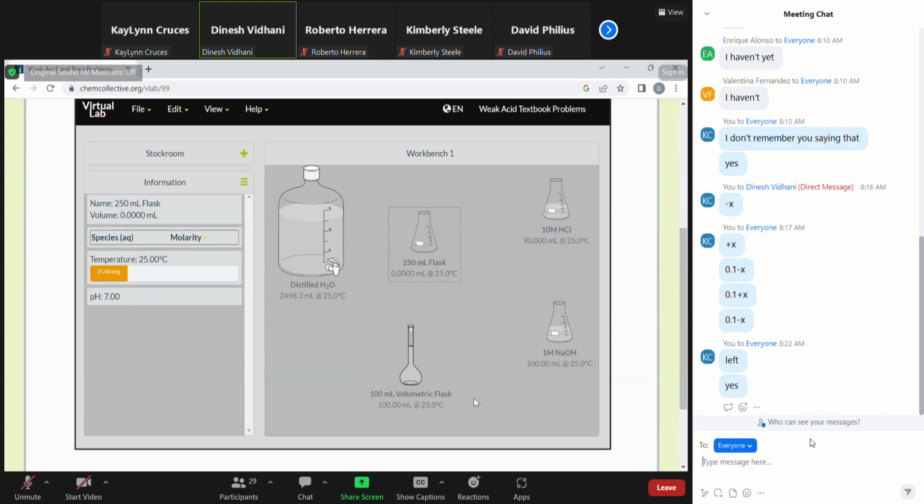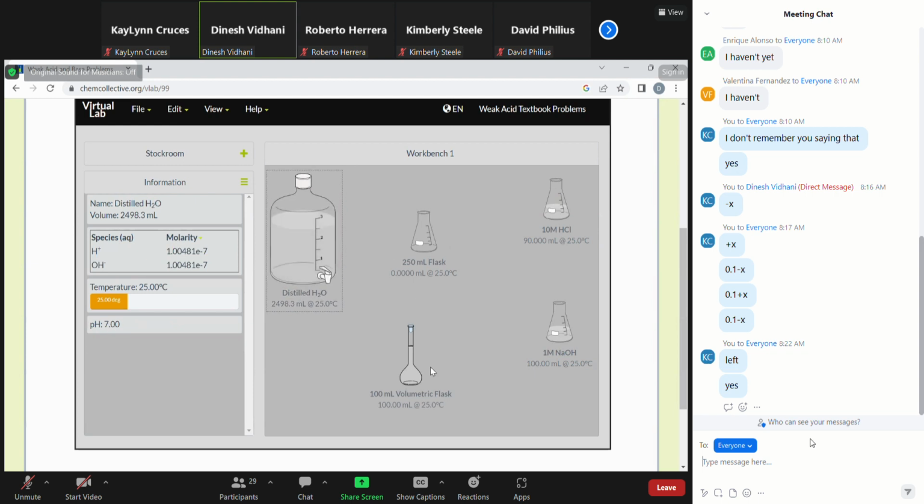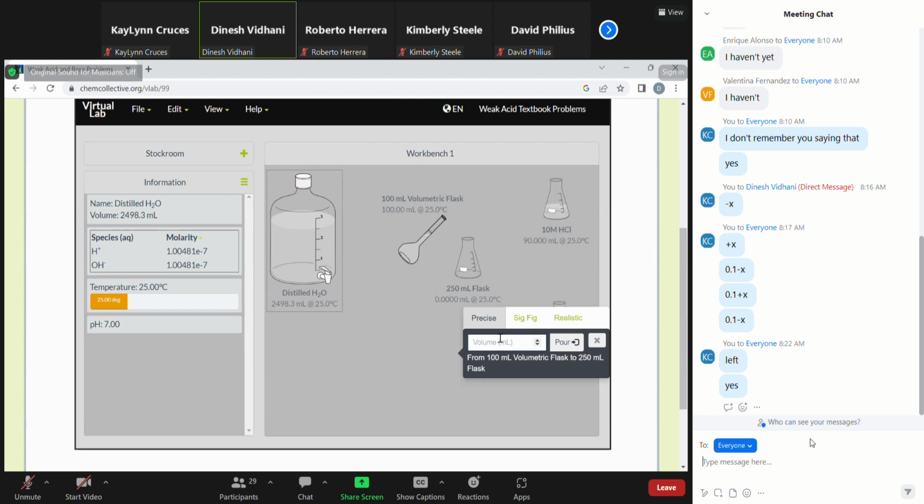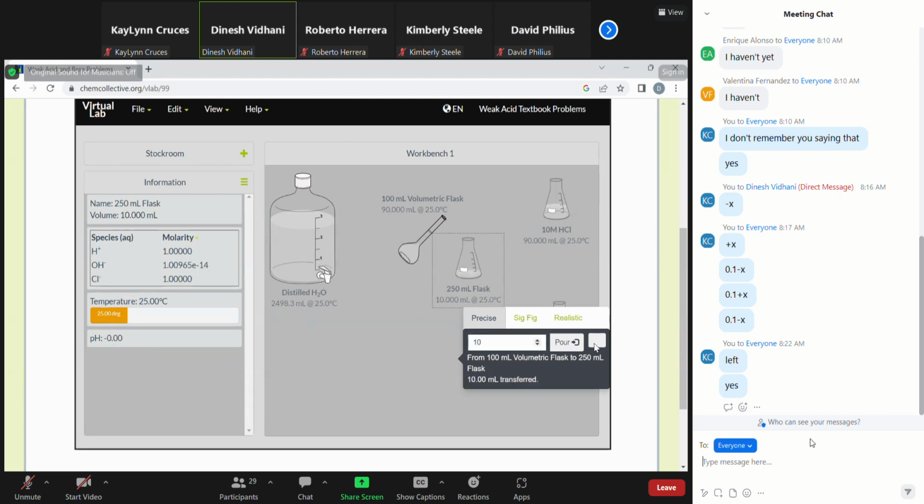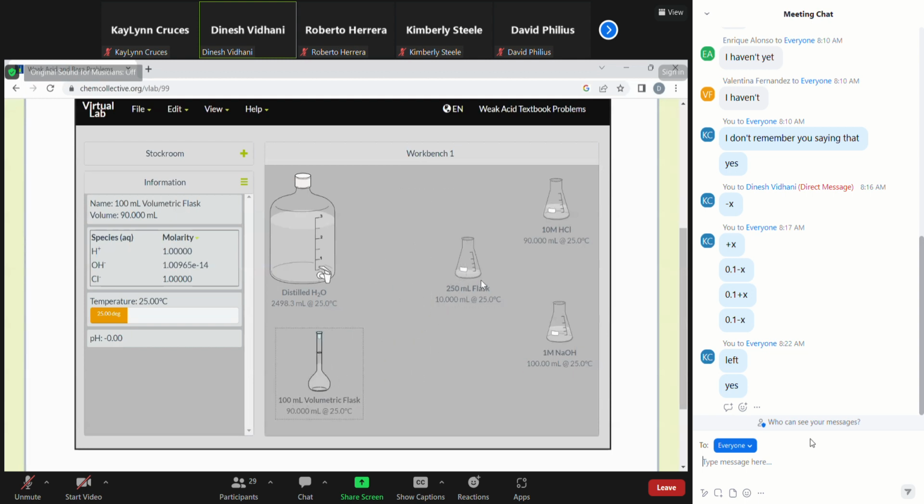Okay. Now, all of you can see, right? I'm going to put here 10 ml. Guys, do you see? I have 10 ml, 1 molar HCl solution in this flask.